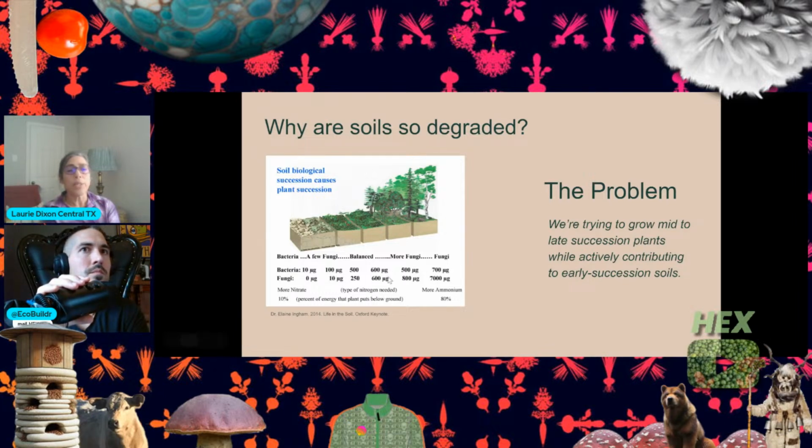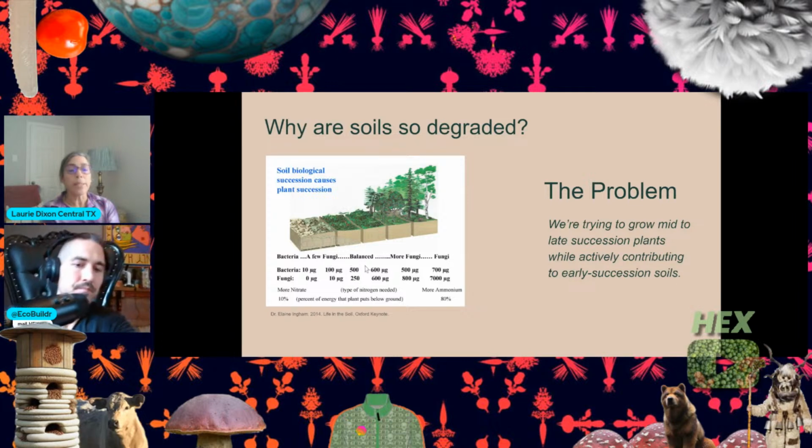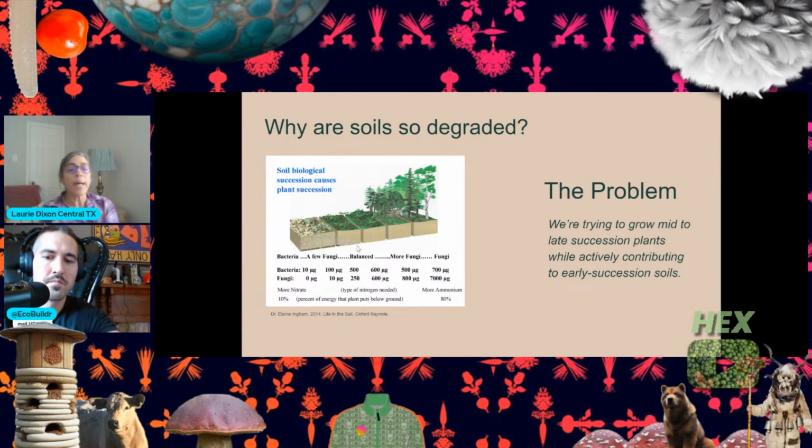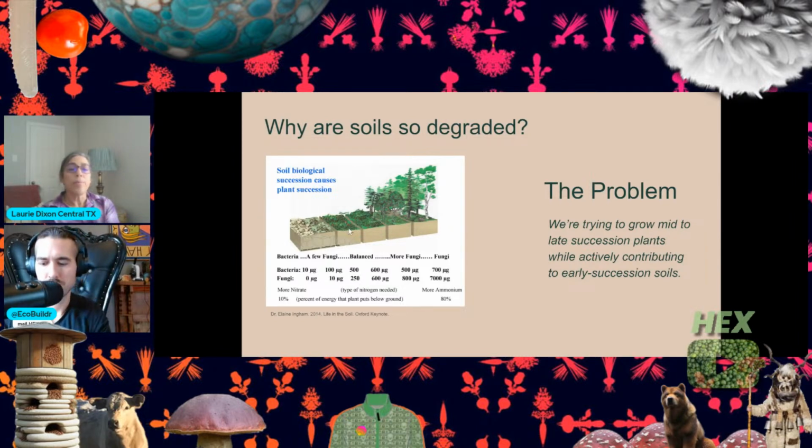You can see these ratios down here. That just means in the soil microbiome, there's lots of bacteria. As you go up, the fungal to bacterial biomass becomes more fungal. Vegetable crops, the basic ones, usually want a 1-to-1 bacterial to fungal biomass. And as you go up to the rainforest, you can see that fungal biomass is really high.